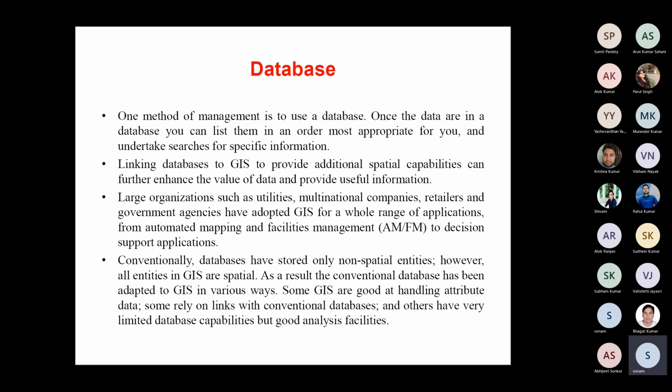Coming back to the GIS part, in GIS also the spatial data, the location data, is linked with a database. You have already created the attribute table in the laboratory session. When you create the attribute table, you are basically creating a database and linking it to the spatial data. Suppose there is some point, you are associating information with that point.